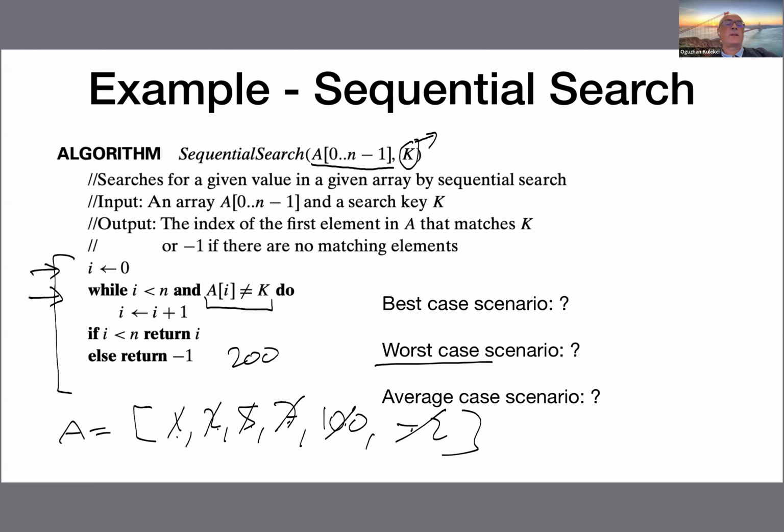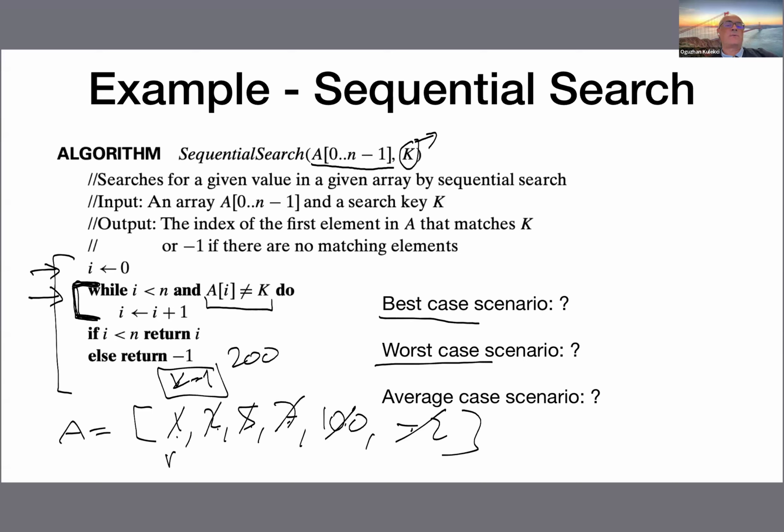Why do we call this the worst case? Because this comparison will be executed n times, right? And then what is the best case? If I am asking for the first element of the array, if I am searching for, in this example, k equal to 1, then that is bingo in the first step, right?